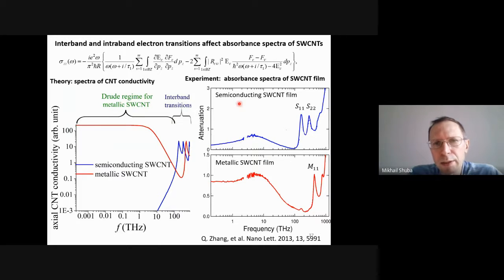On the upper part, the films are enriched with semiconducting nanotubes, and on the lower part, enriched with metallic nanotubes. We can see that the high frequency part, where interband transitions occur, coincides with and is well described by the theory.